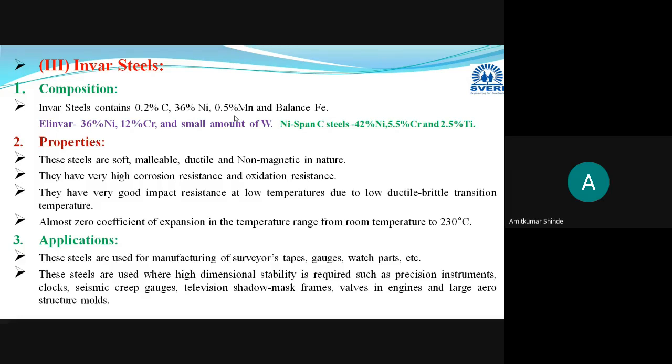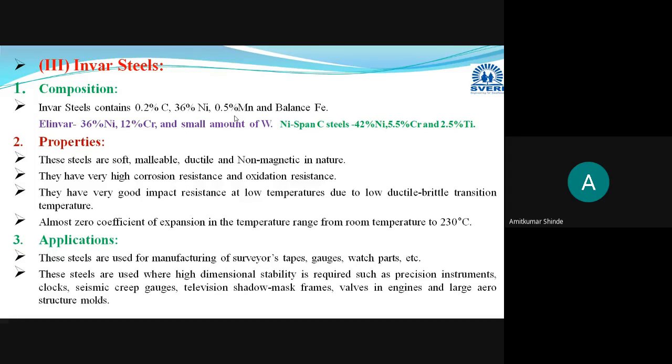Are you aware of this ductile brittle transition temperature? Have you heard this term? Please answer me. Vinayak, Gauri is there. Vinayak, have you heard this term? Ductile brittle transition temperature. He left, I think.